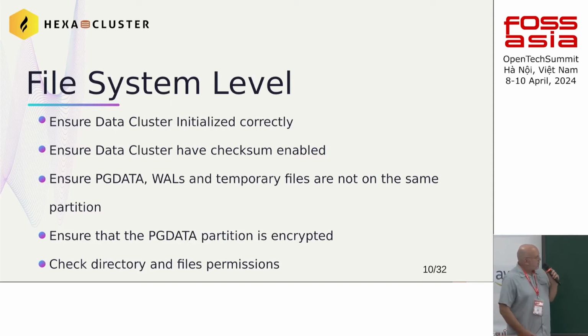Especially one I recommend is to check if the PGDATA has checksums enabled. This is not part of the CIS recommendation, but I think it's something that must be done to be able to detect silent corruption on your PostgreSQL cluster.